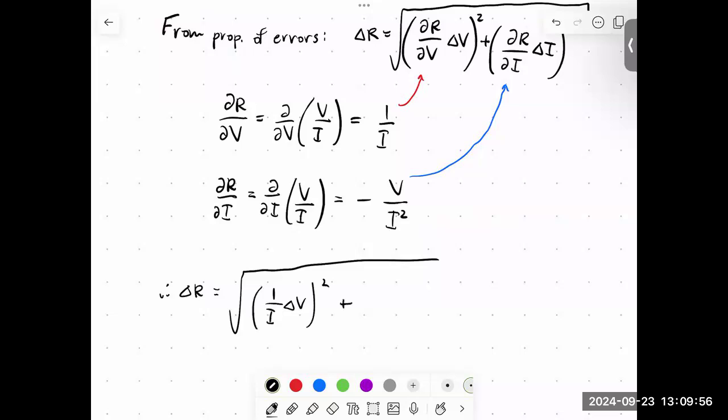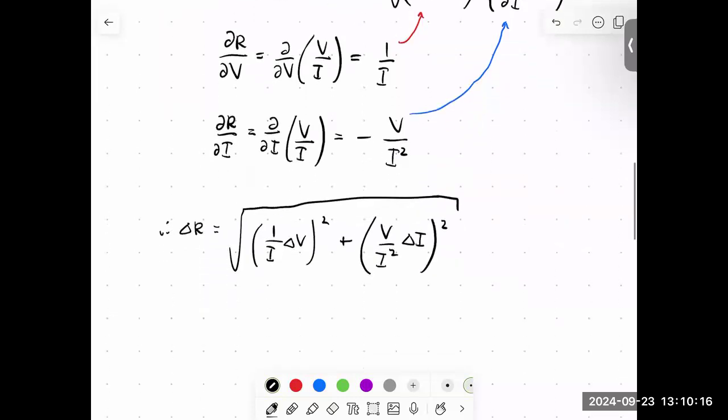And then we go plus the derivative with respect to current gives a minus V over I squared. I'm not going to write down the minus sign because I know that I'm going to square everything. So I'll just write V over I squared, delta I, and then square it. Okay. So that is the result.